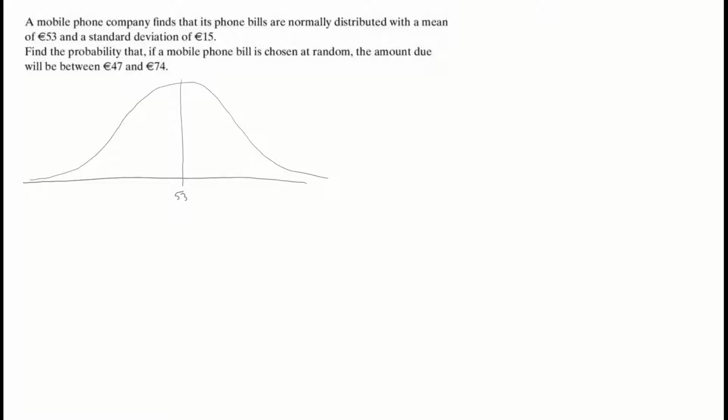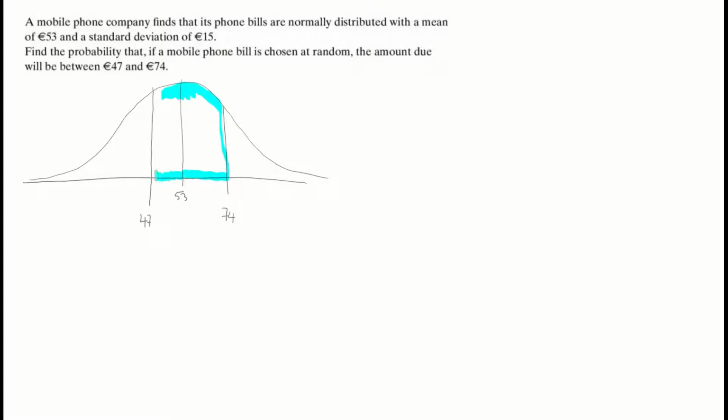And they want me to find the probability that the phone bill falls between €47, which is to the left of 53 clearly, and up to 74, which is probably about here. So they want me to find the probability that it's picked between that region.